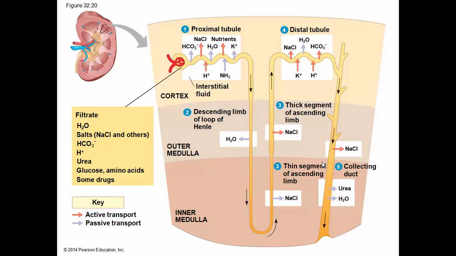Glucose, amino acids, potassium ions, and other essential substrates are actively or passively transported from the filtrate into the interstitial fluid and then into the peritubular capillaries.